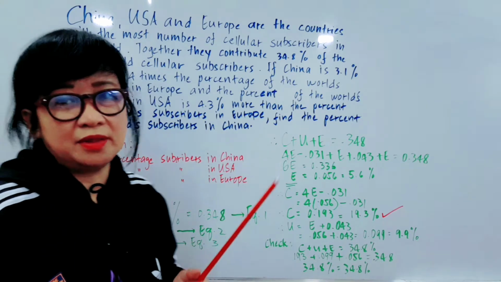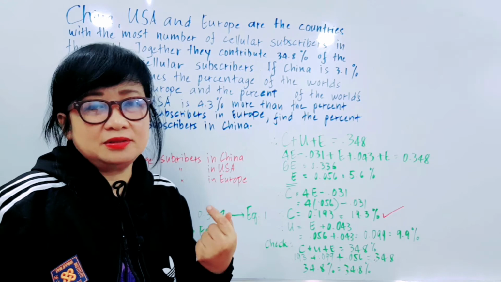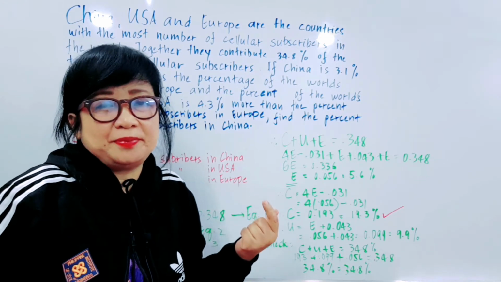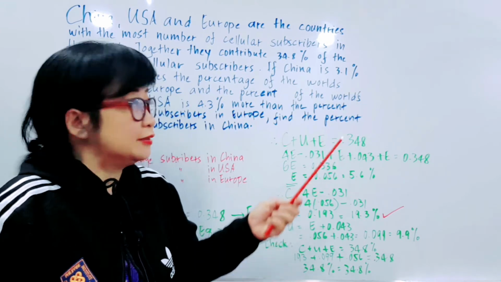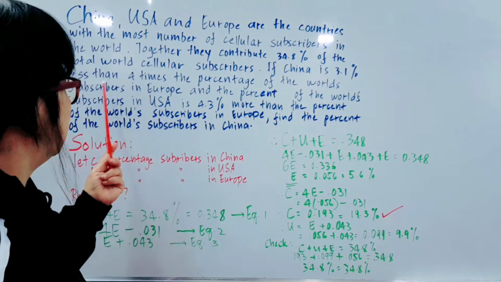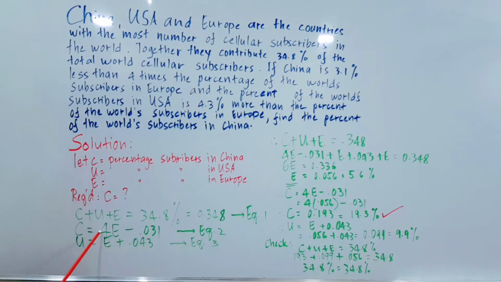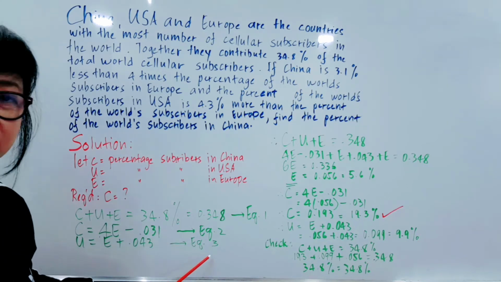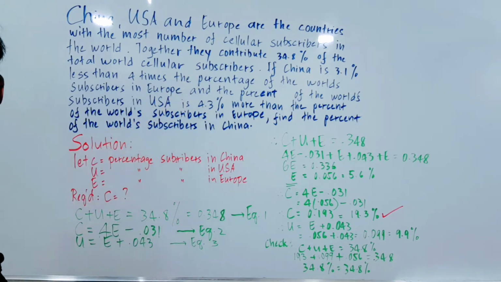That means, halimbawa, meron akong 1 peso, tapos naging less ng 50 cents. So, ganun ang nangyari dito, 3.1 less than 4 times the percentage of the world subscriber in Europe. So, 4E minus 0.031, ito na naman equation 2 natin. Nakabuo tayo ng equation base dito sa statement.